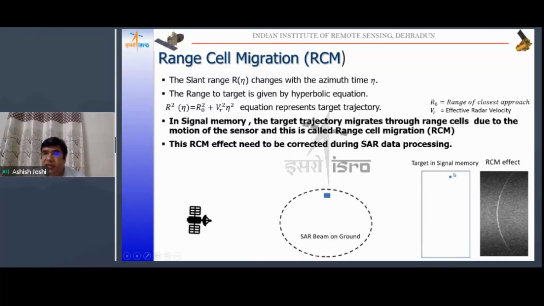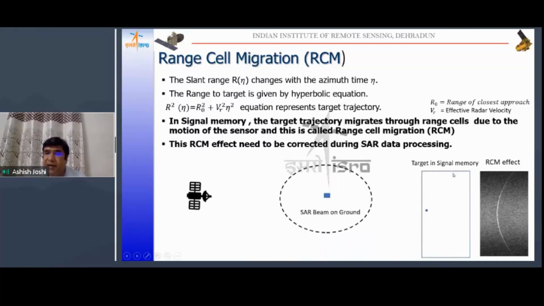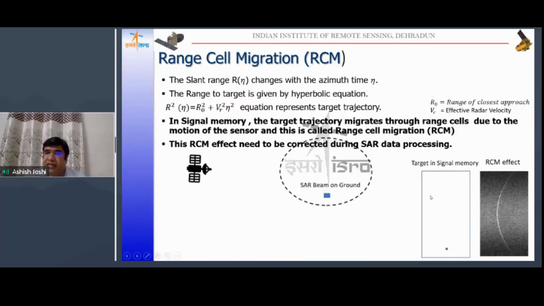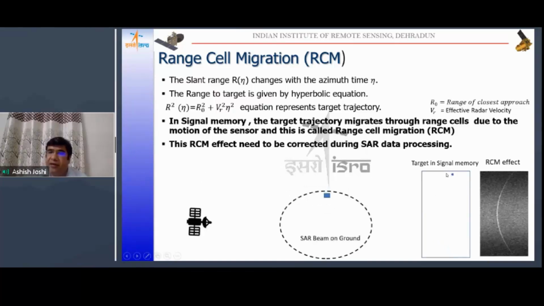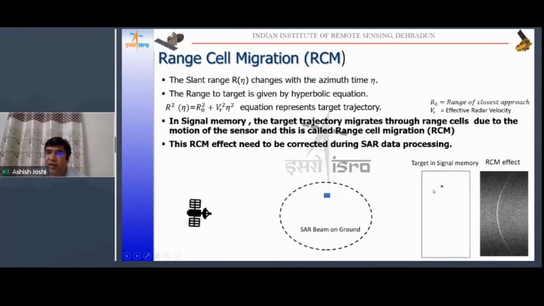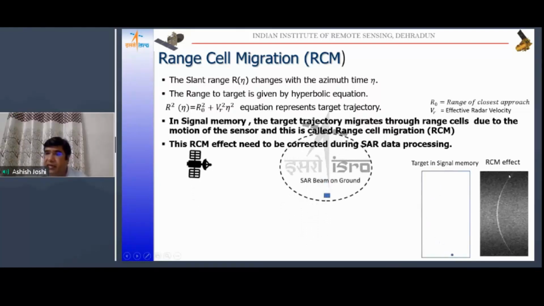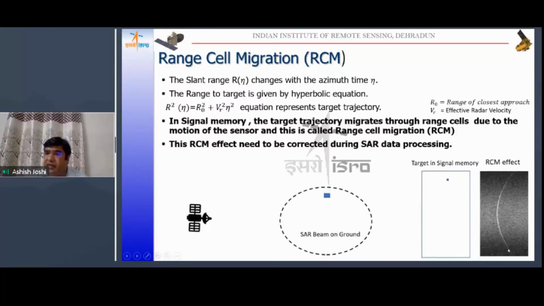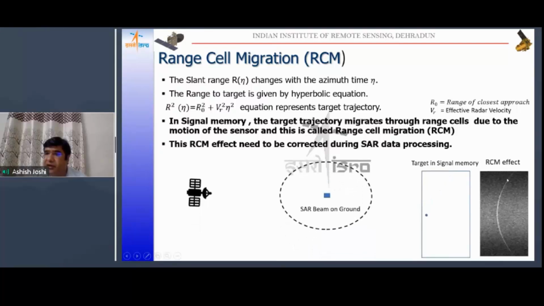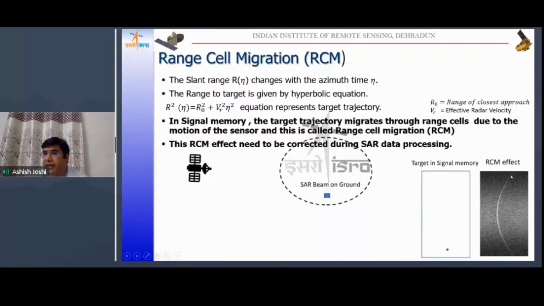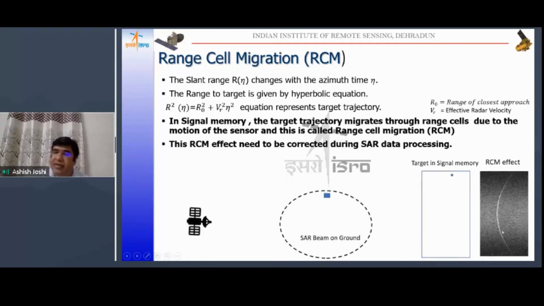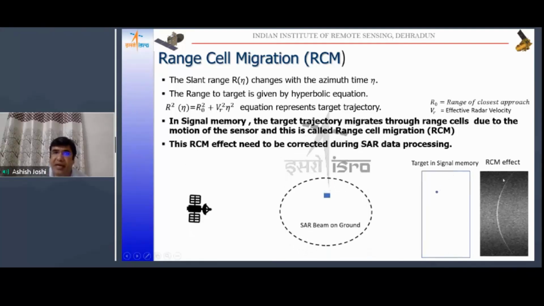The target is not written in a straight line, but in a hyperbolic way, in this direction. We can see the RCM effect in the image, and this is the target history of any target, written in this way in the SAR image.